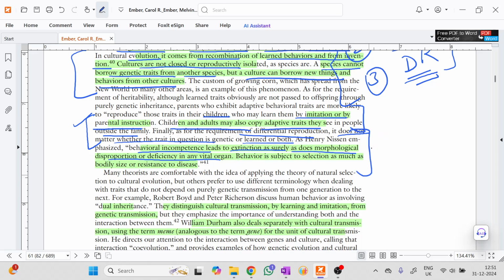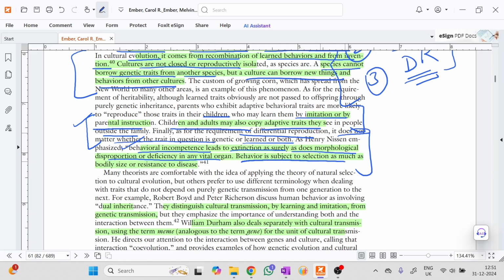So when we talk about differential reproduction, we know that biological incompetence, which means if you do not have the appropriate morphology, if genes are defective, if you possess a deficiency of any vital organ, then such incompetence or shortages cannot be compensated, cannot be refilled, and the presence of such will certainly lead to the extinction of an individual.